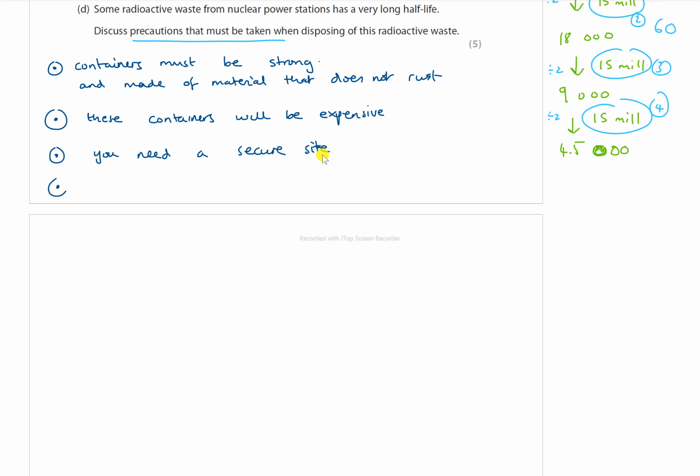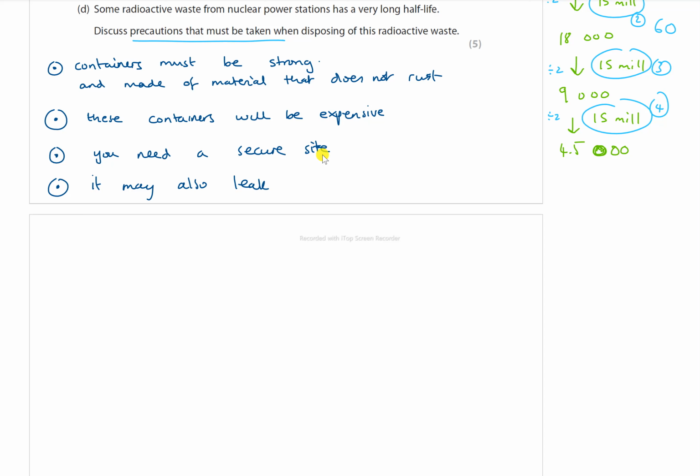Right, and it may also leak. This is fine and well doing it for 100 years or 50 years, but what's going to happen in 200 years? The people living in that area are going to end up with contaminated water.